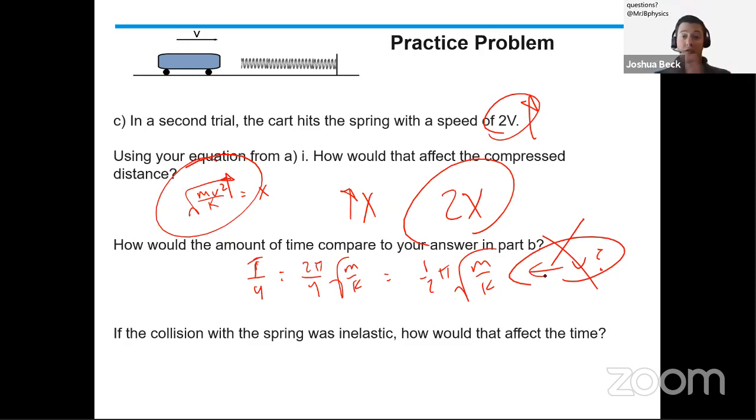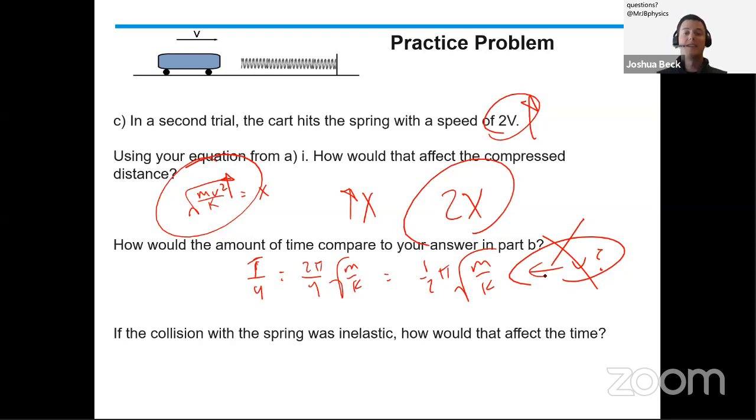Now, does it go further? Yes, absolutely. The cart has more energy. It's going further. Okay, there are larger forces at play. But the total time that it takes for this trip, because it's going further, yet there are larger forces, so there's greater accelerations, so bigger swings in velocity, it can still travel this greater distance in the same amount of time.